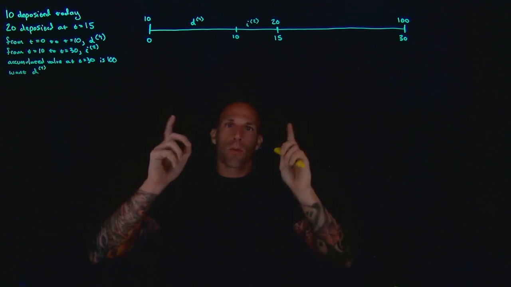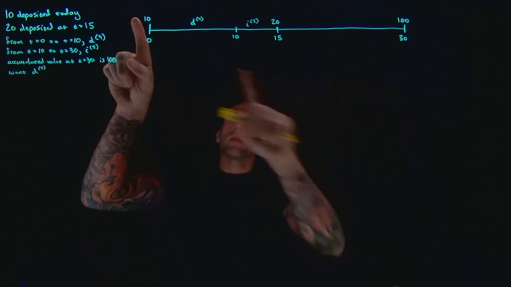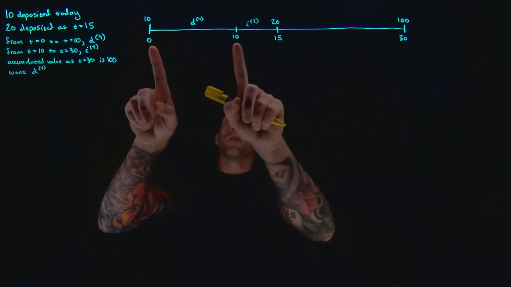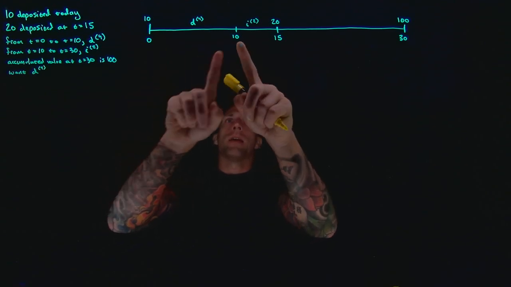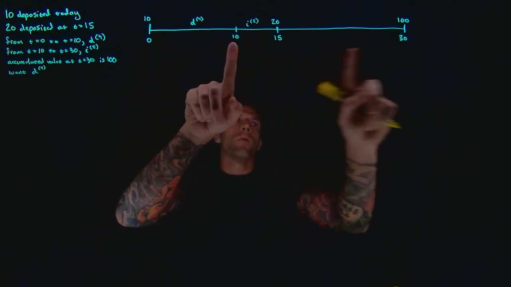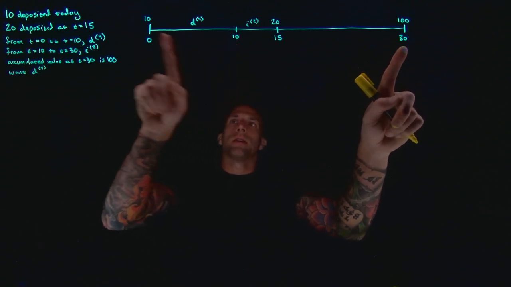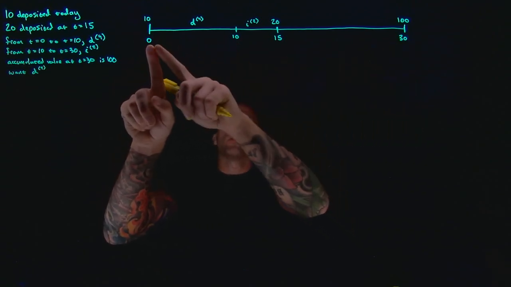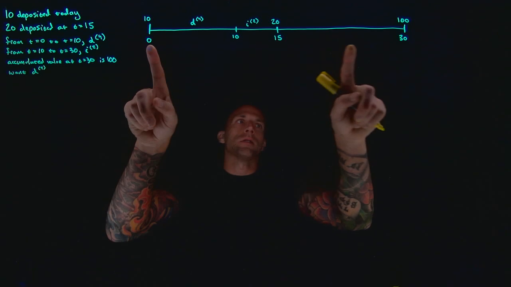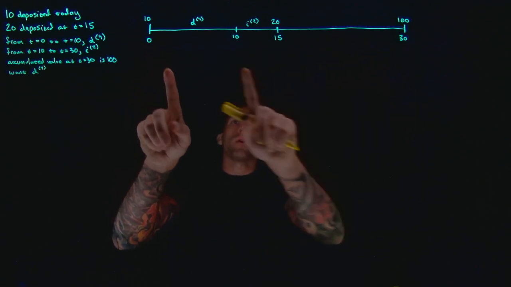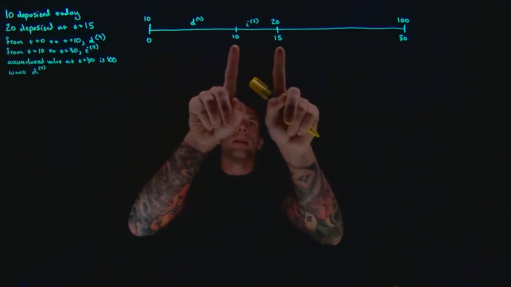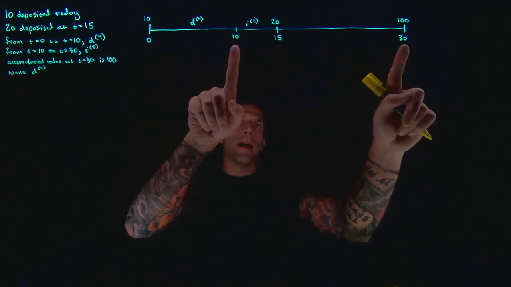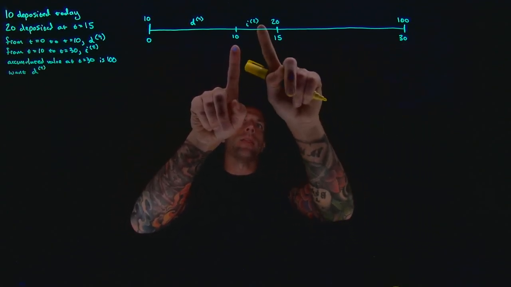So let's think it through before we write out an equation. This 10 is going to earn at this rate for 10 years, and then at this rate for 20 years. The 10 that we deposit is going to accumulate interest for the full 30-year period, the first 10 years at this discount rate, and the last 20 years at this interest rate.